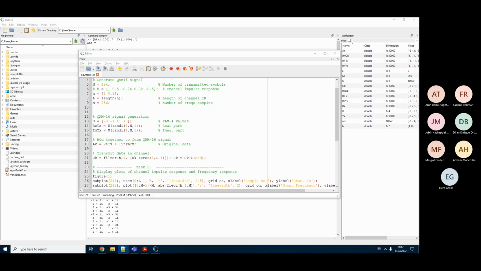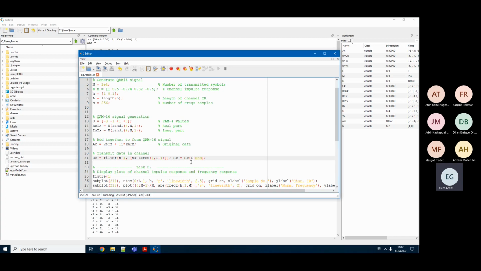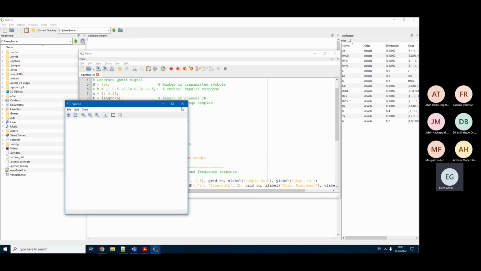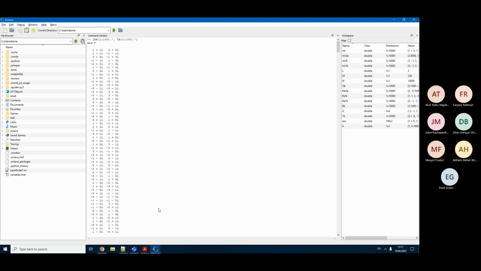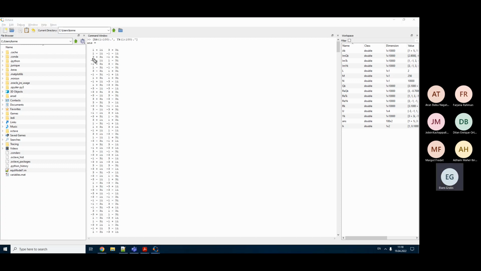So L minus 1, L. Yes, we had to actually start from L plus 1 here and add L zeros. I believe it's so. Let's check it again. No. Now we have 2.